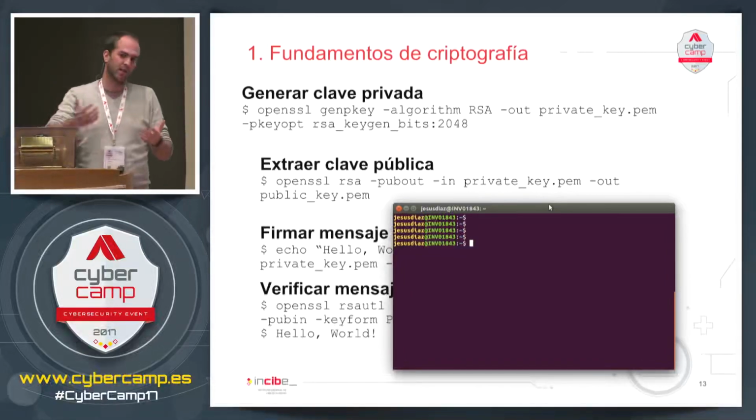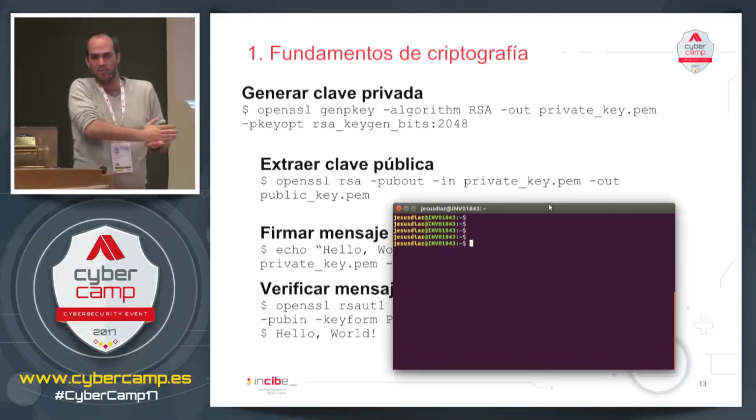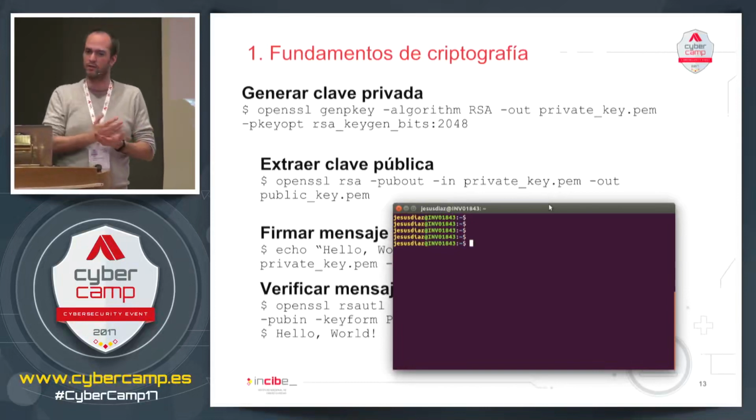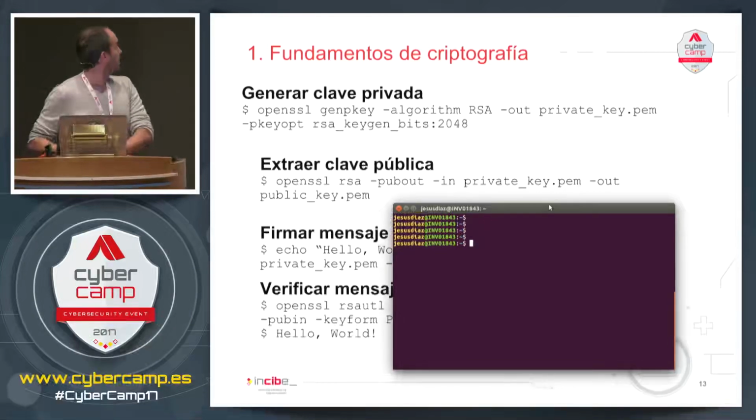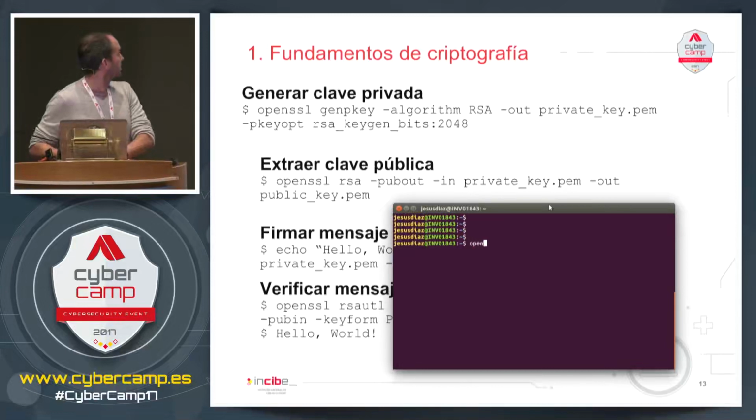If anyone from this public key can extract the private key, well, the asymmetric encoding is bad. If we have time, we'll do encoding and encryption tests, but I don't want to elaborate too much on this.